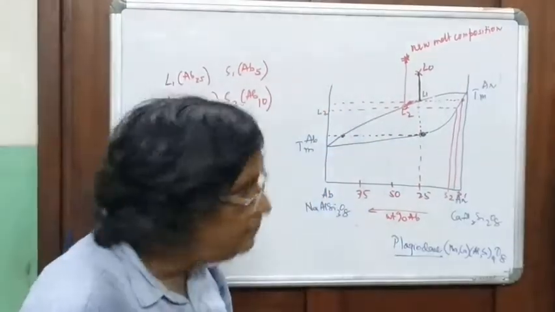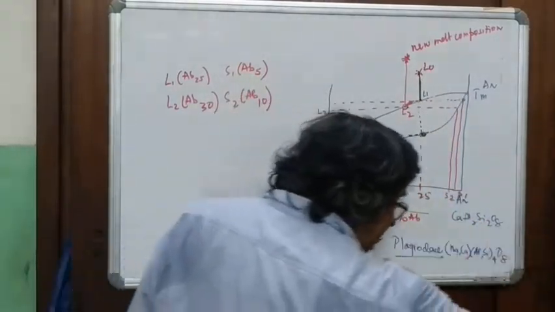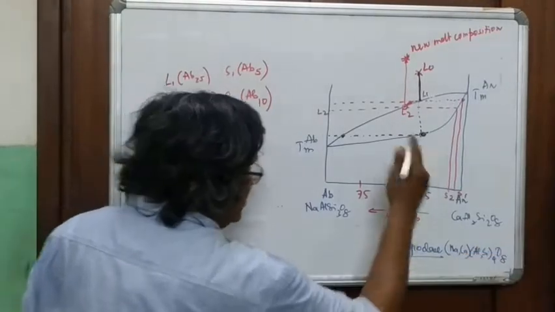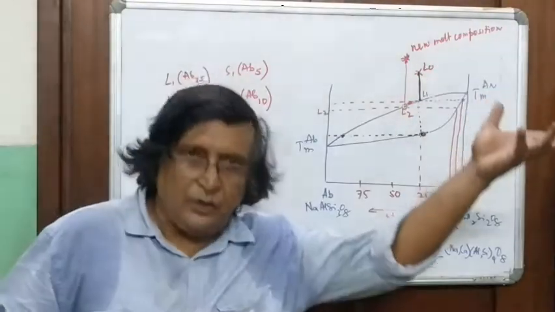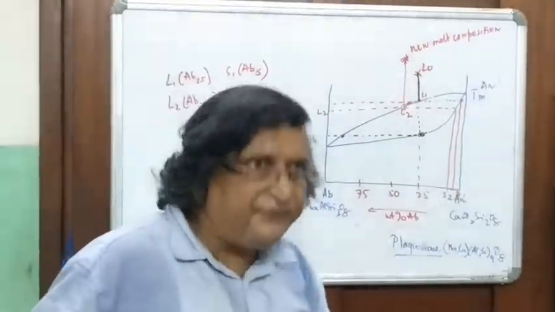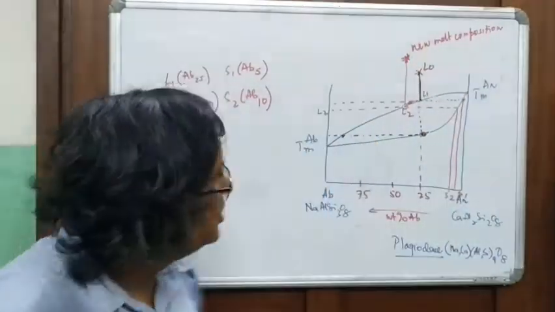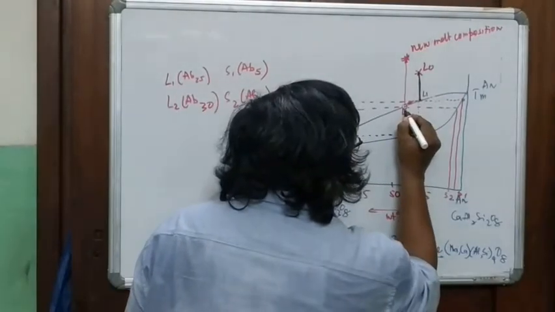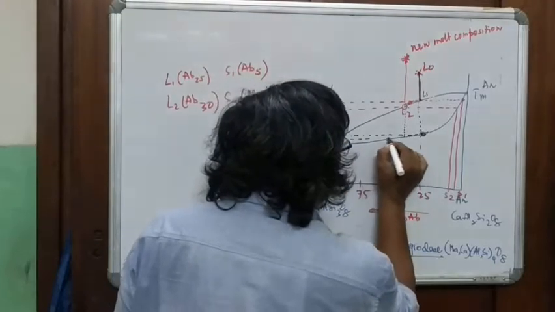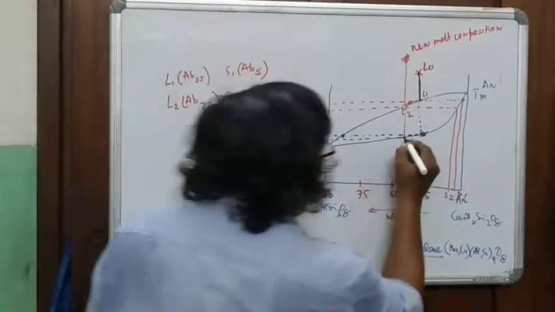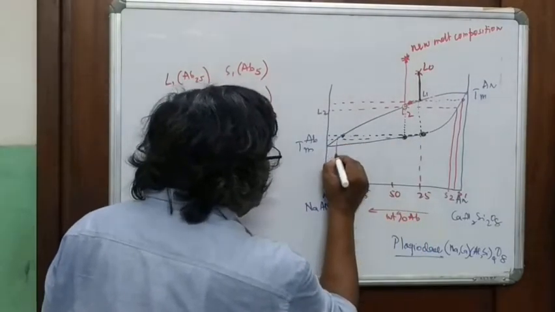But now what has happened? Now what we have done is, since we have separated the S2 crystals off from the system, this is your new L0, new magma composition. So as if the magma starts to crystallize from the beginning. There were no crystals before. So now what happens? The final solid would be of this composition, and the liquid would be of this composition.